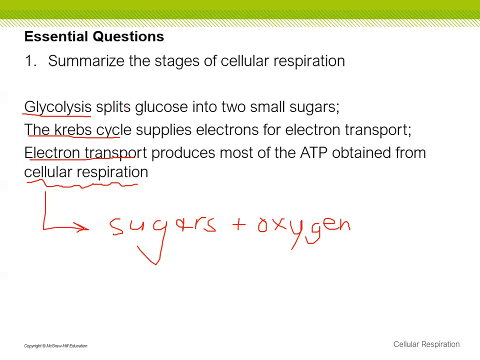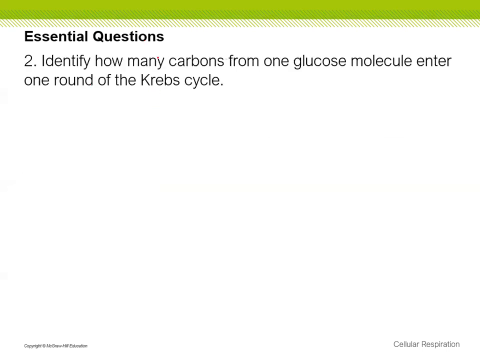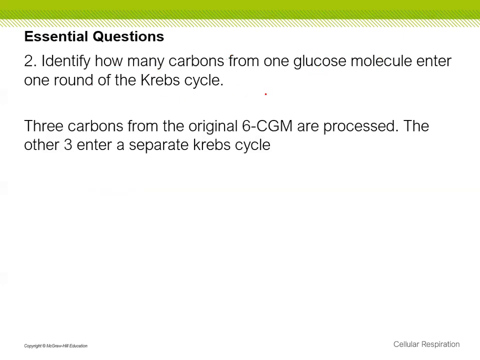Okay, so our next question was asking about carbons and our glucose molecules. How many carbons from one of those glucoses enter into that Krebs cycle? There are 3 of them that end up getting processed there. I wish I would have put the image in here.